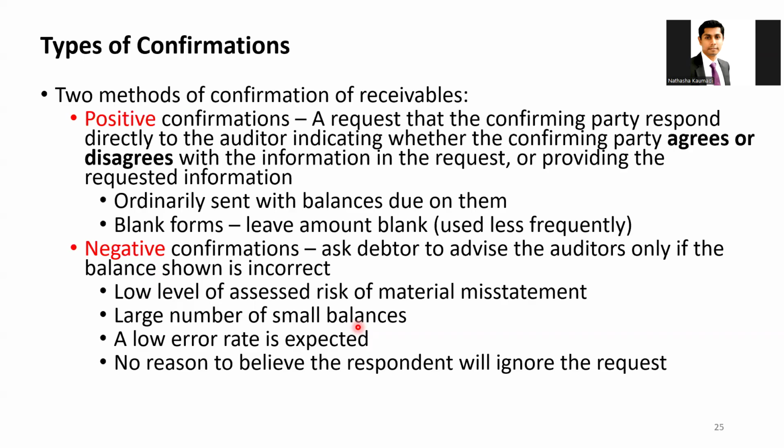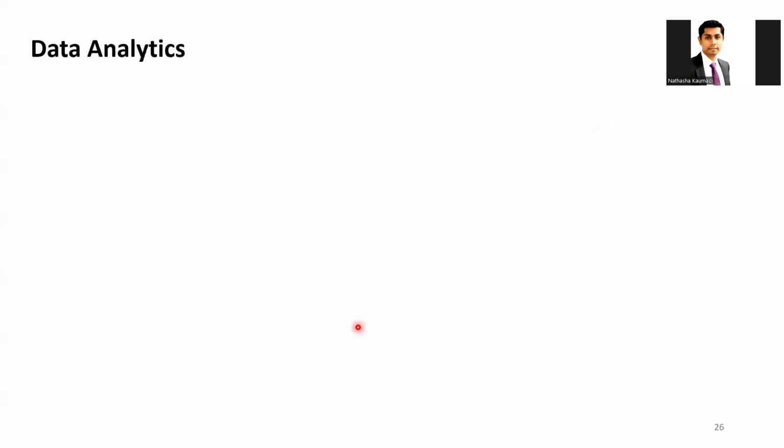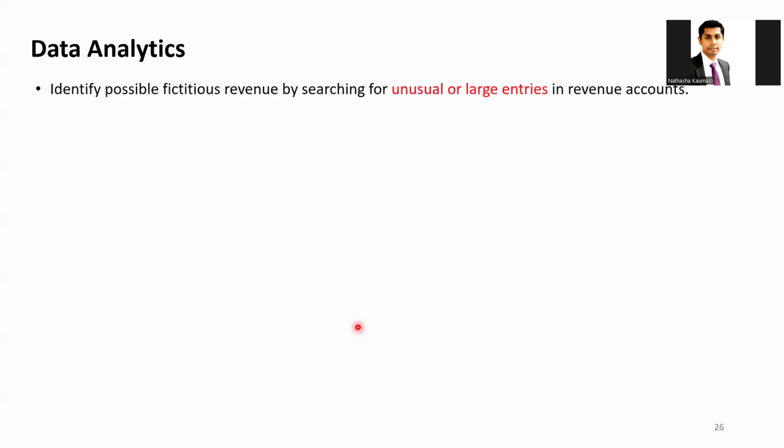So I would say in the Sri Lankan context, both confirmations are not equally suitable, but positive confirmations are better. We better not use negative confirmations in the Sri Lankan context. Right. And then data analytics.